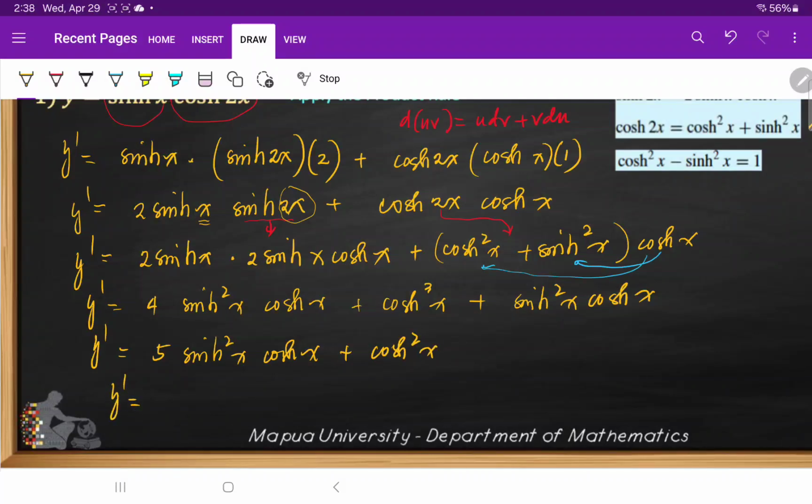Then we can factor out the common factor, hyperbolic cosine x. So we have here hyperbolic cosine x times 5 hyperbolic sine square x plus hyperbolic cosine square x.